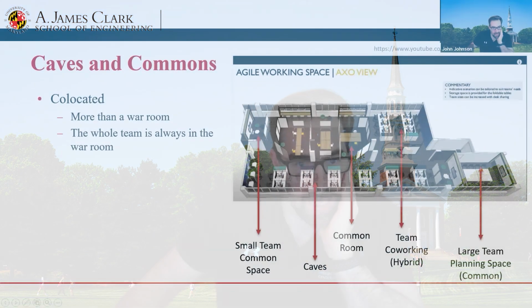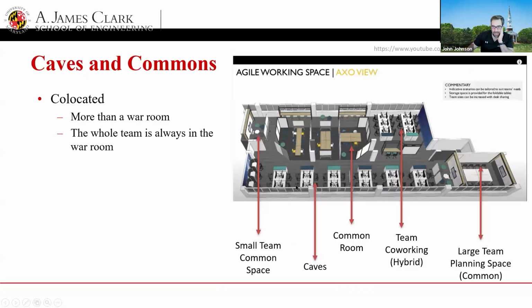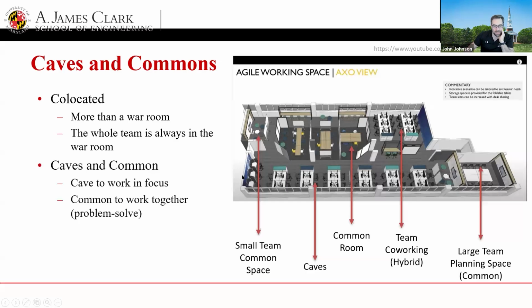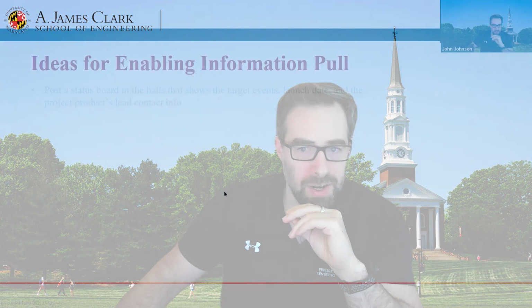We want to put teams together, co-located in what's called caves and commons. Again, this is more agile, but the important thing here is that everybody is able to talk to each other easily. They can walk in and have common areas where they can do problem solving, as well as caves to focus, and they can pair up and work on problems as needed, and they are not going to be interrupted in their work.